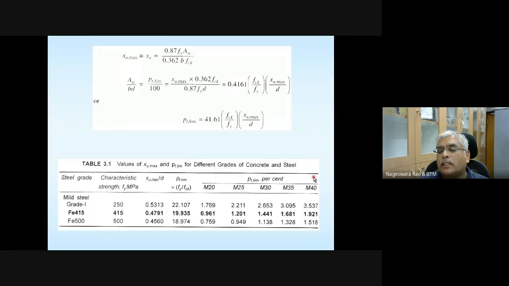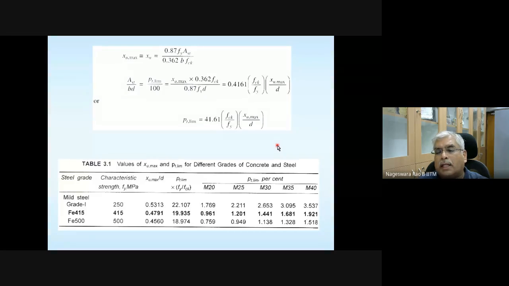Take a note of this equation, then automatically, if you code it in an Excel, you can actually reproduce this entire table. Okay. We are going to use these relations in subsequent slides. Please take a note of these equations. If you have any questions, please let me know at this stage.